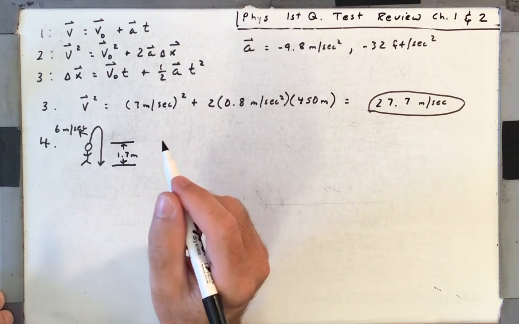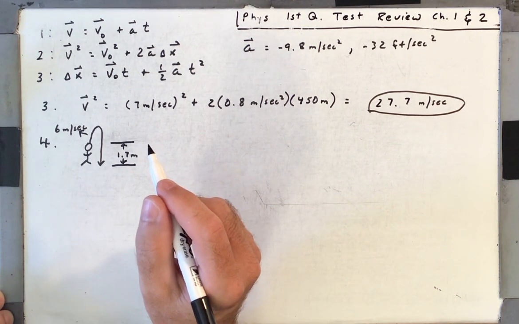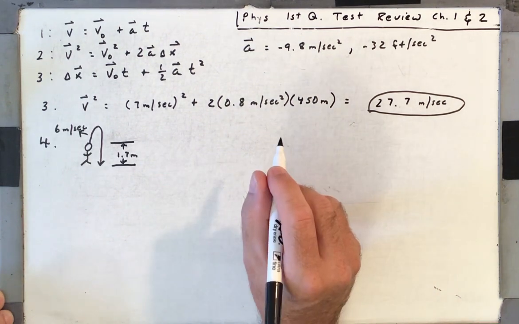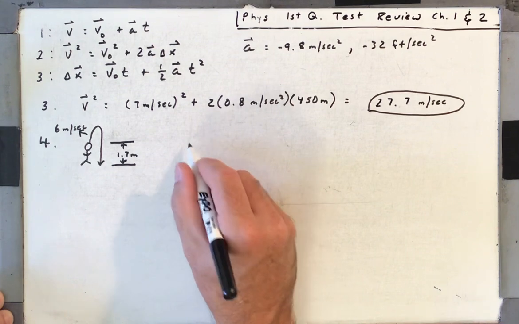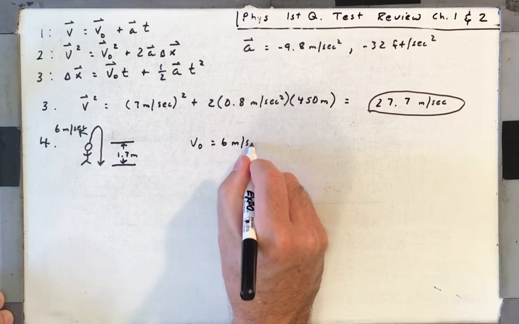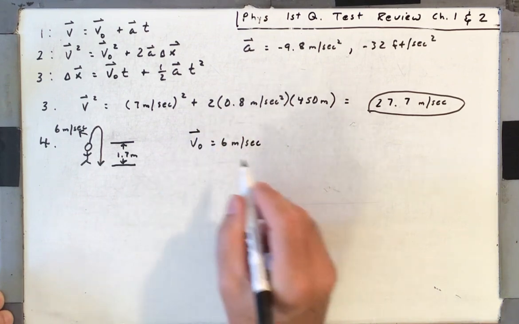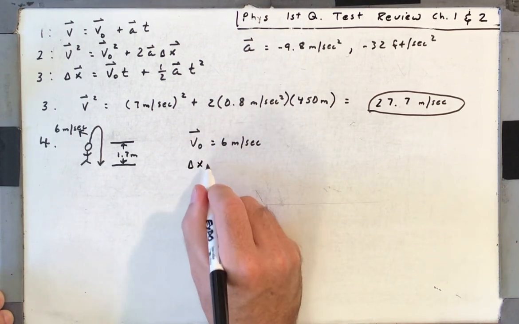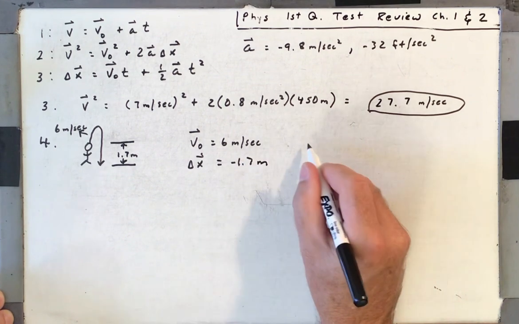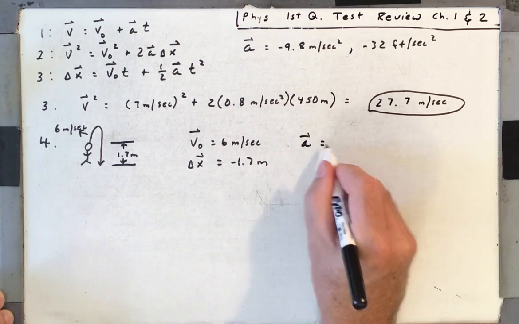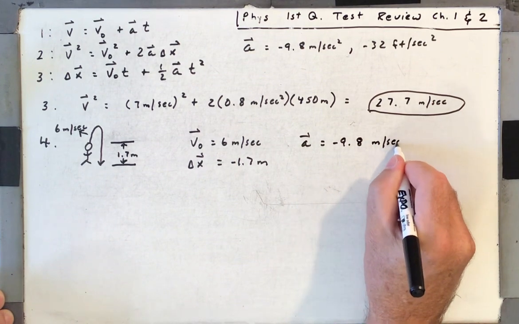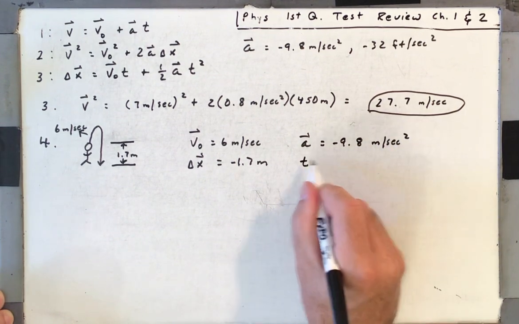All right, so we want to know how long will it be in the air before it lands. All right, so we know the initial velocity is 6 meters per second. We know that the displacement is negative 1.7 meters. We know acceleration is negative 9.8 meters per second squared. We do not know time.